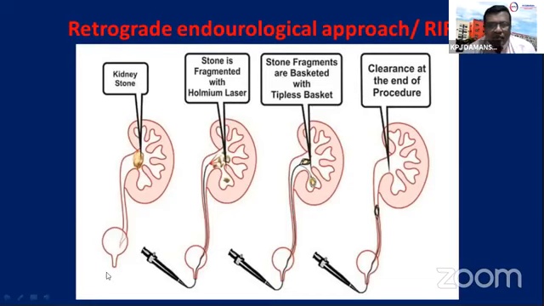We go down from below, go up, and likewise here, we go right up, then we use a laser to break the stones, and we retrieve the stones using a basket. Slowly take it out. This one doesn't need an incision, it's an endoscopic procedure.